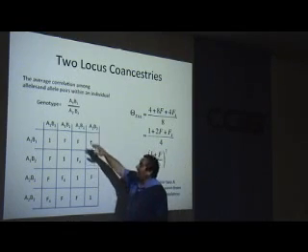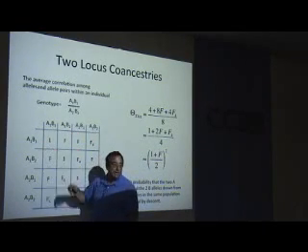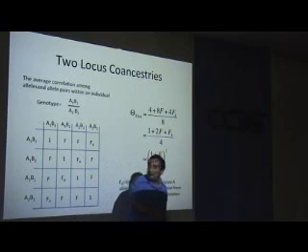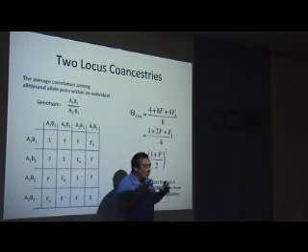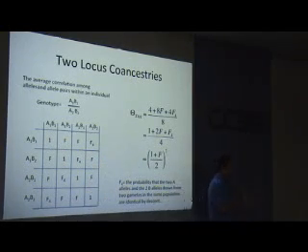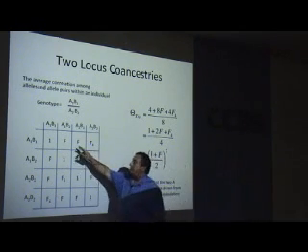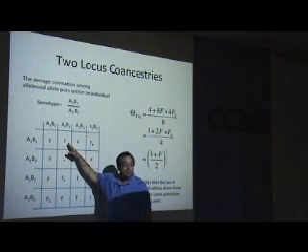If you grab an A1, B2 and an A1, B1, well, the A1 allele, sorry, it's 1. If you grab the A1, B1 and the A1, B2, well, the A1 alleles are identical by descent. And so the only thing you have is a single locus probability at the B locus.